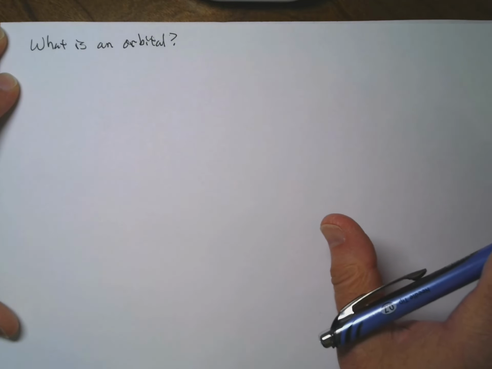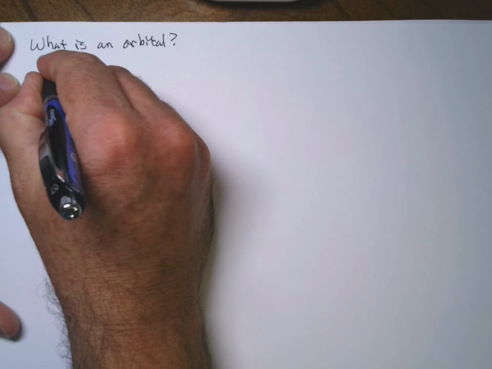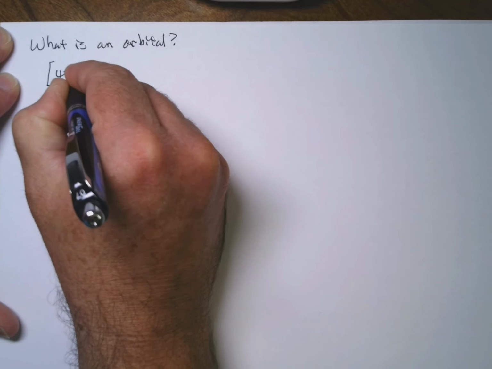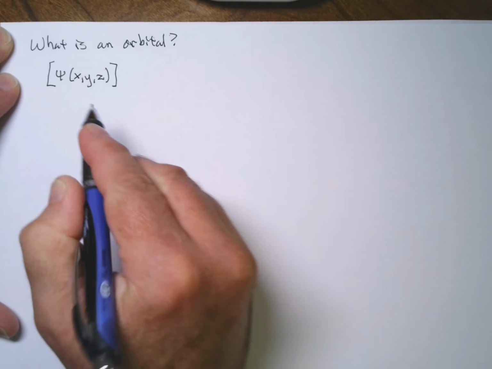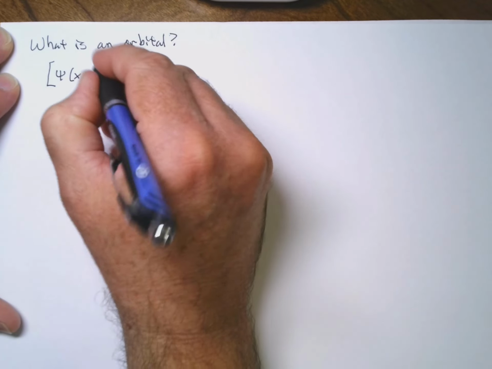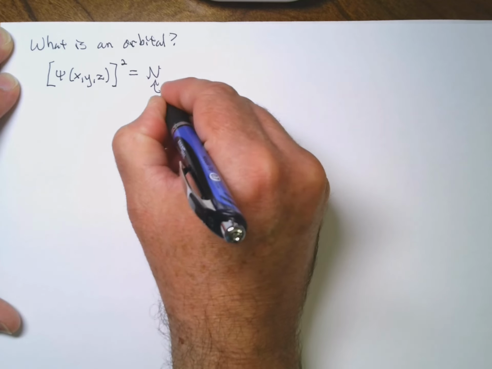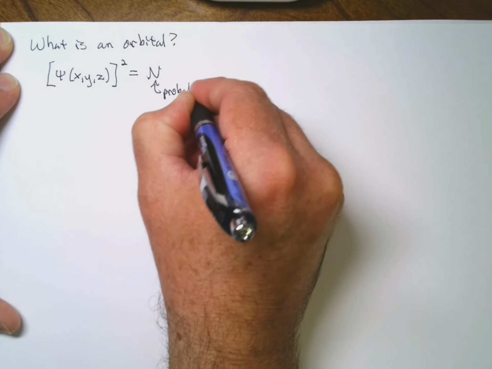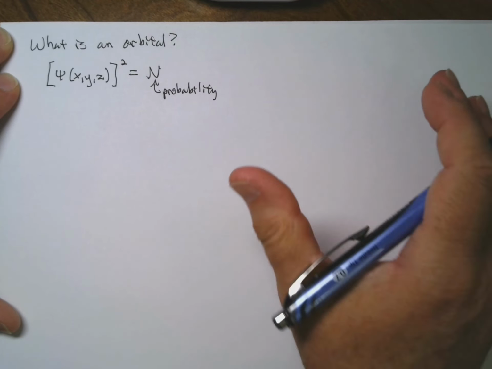If we look at a wave function and take the square of the wave function, so our wave function is some function in our spatial coordinates, x, y, z, and we square that, we'll get some probability, which we'll just call n.